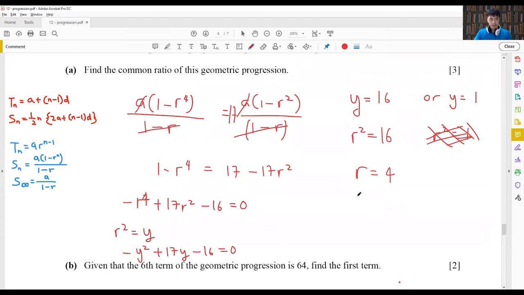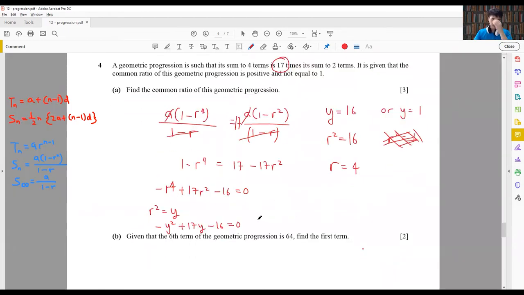Right? Now, next question. Given that the sixth term of the geometric progression is 64, find the first term. If the sixth term is 64, we're going to use this formula here. 64 is equal to a times r, which is right now 4, to the power of 6 minus 1, because it's the sixth term, right?